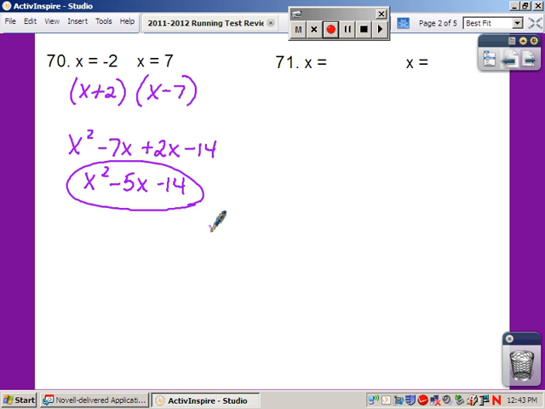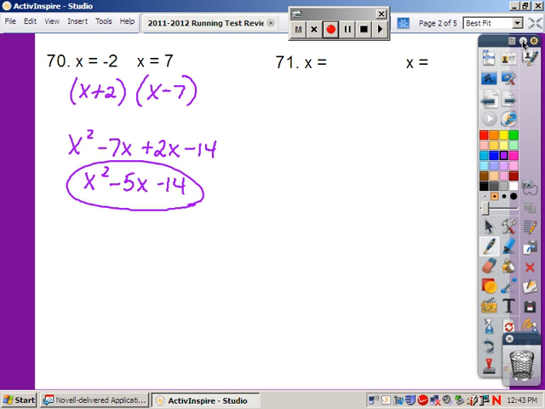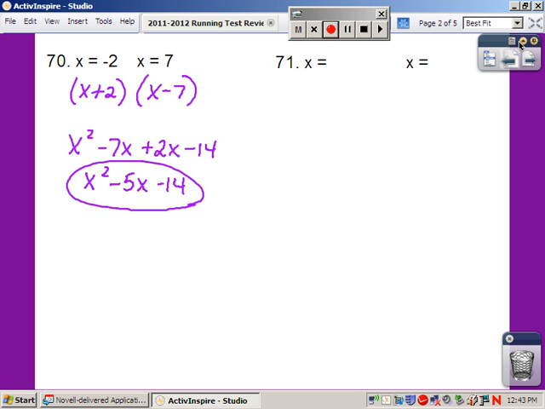Number 71 is the same kind of problem, but they try to make it a little harder because they give you some fraction answers instead of regular answers. The truth is that they aren't really much harder. They just take a little bit of extra work, unless you can spot the pattern. But basically what you're trying to do is make this thing equal to 0.